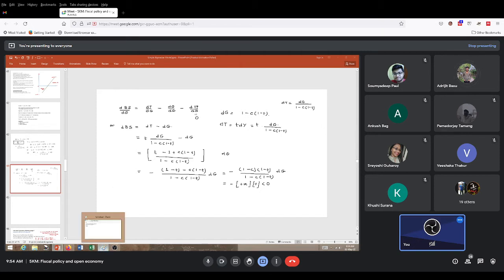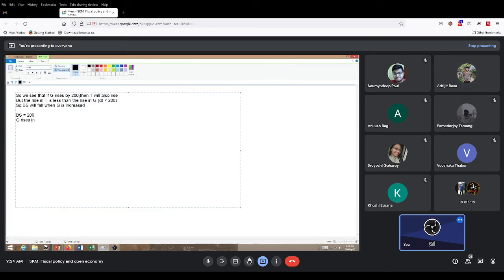Okay, so if your G rises by 200, it is true that T will also rise, as Y increases through the multiplier effect.